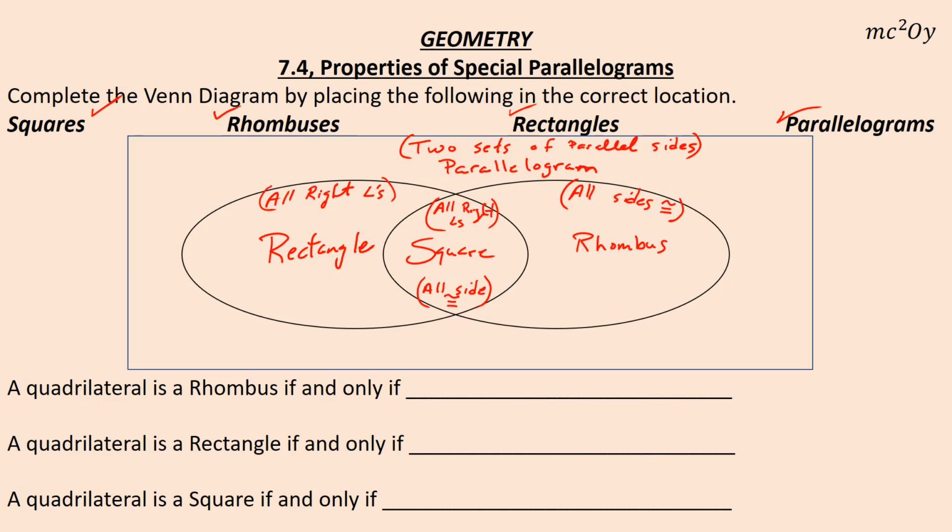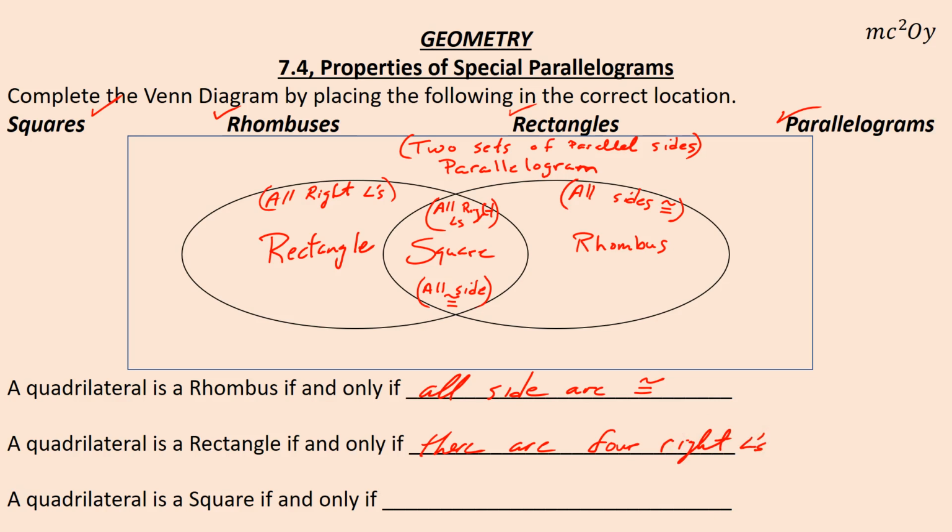And completing these statements: a quadrilateral is a rhombus if and only if all sides are congruent. And a quadrilateral is a rectangle if and only if there are four right angles.